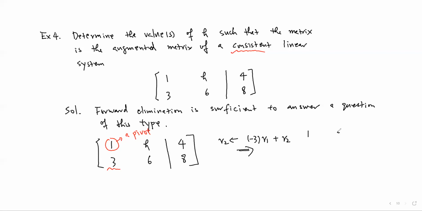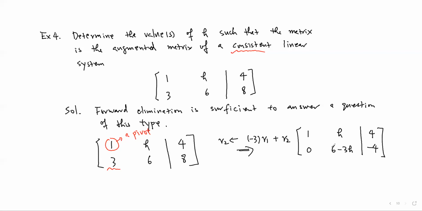This operation doesn't change row 1. Negative 3 times 1 added to 3 gives 0. Negative 3 times h added to 6, I get 6 minus 3h. Negative 3 times 4, negative 12, plus 8, negative 4.